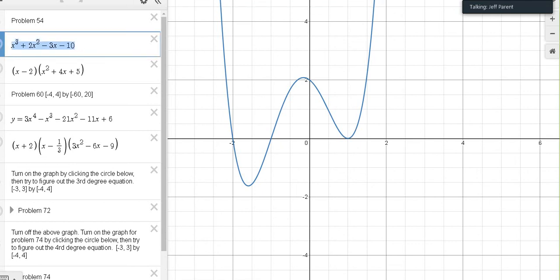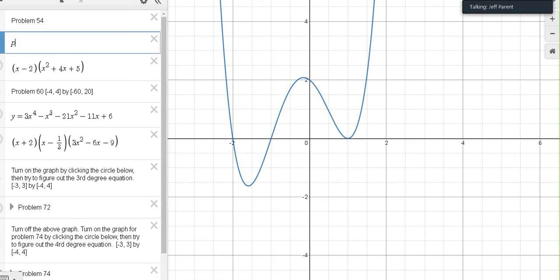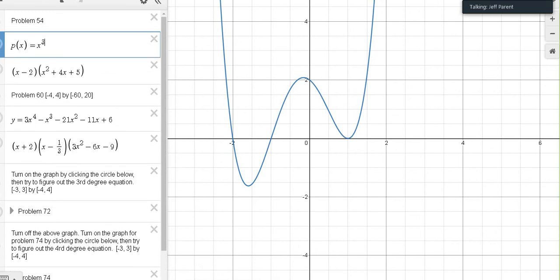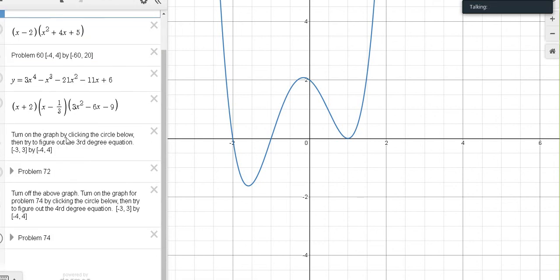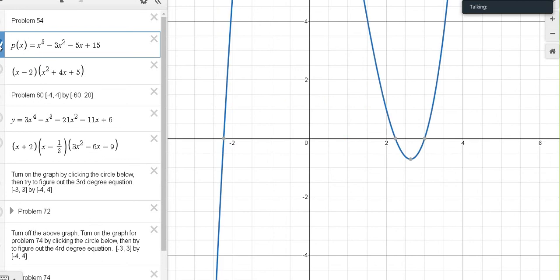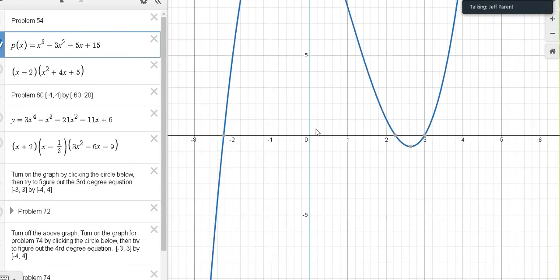We'll call it P of x equals x cubed minus 3x squared minus 5x plus 15. And I'll shut this graph off and turn this graph on. Not exactly fitting in the picture like I like, but we can adjust that.